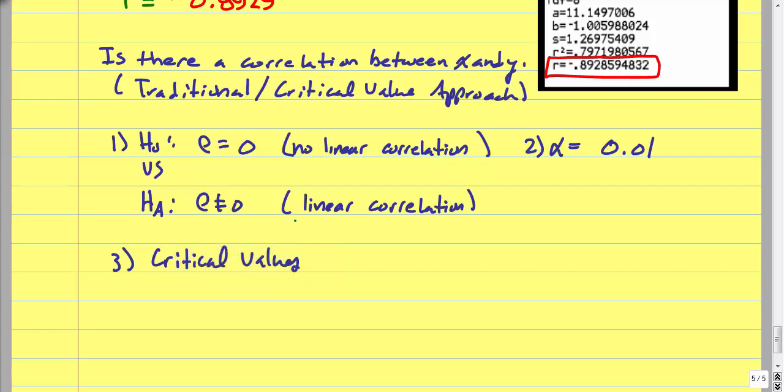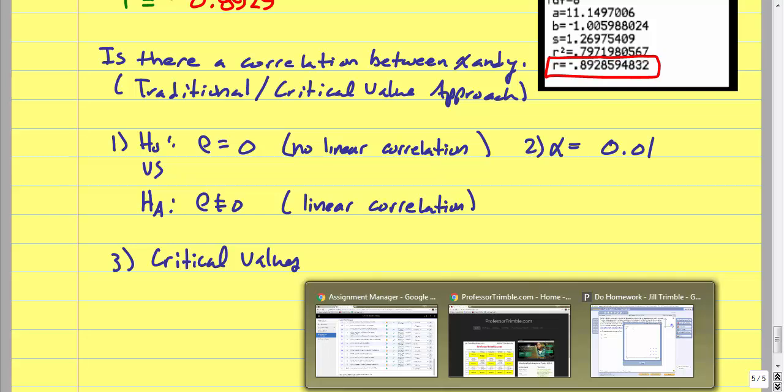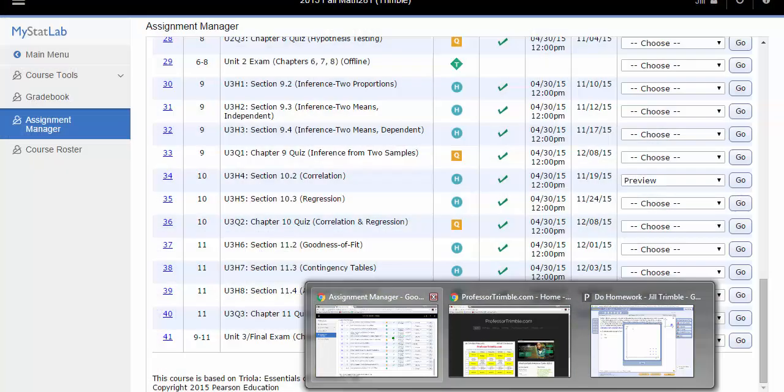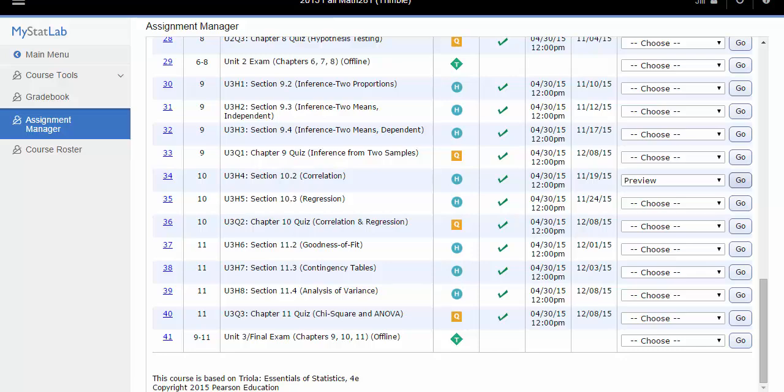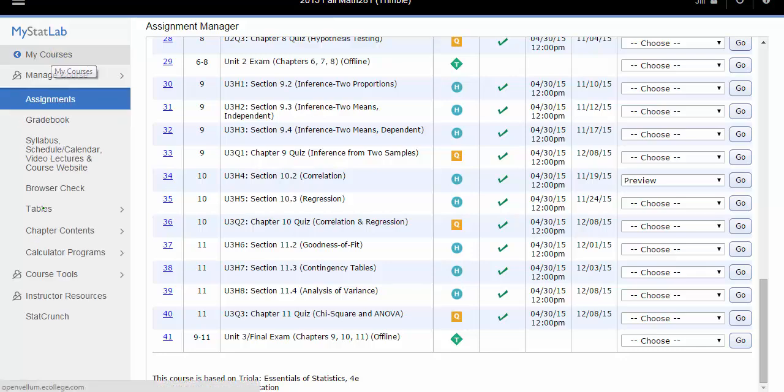Two-tailed test, so I'll have 2 critical values. Now remember, this is from our tables in MyMathLab. So let's see if we can figure out what those tables have in them. We would go to tables, linear correlation coefficient.